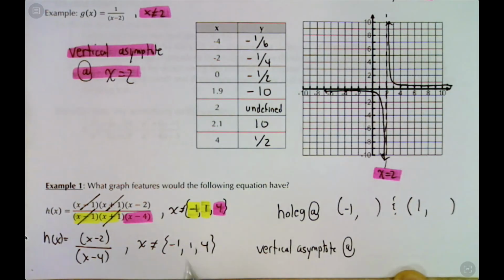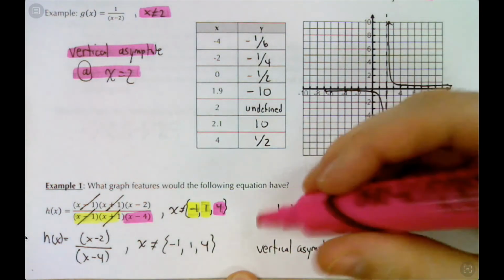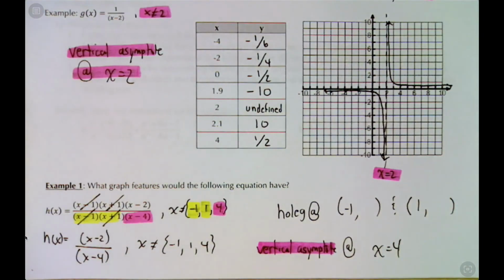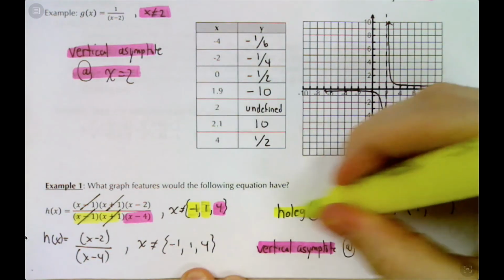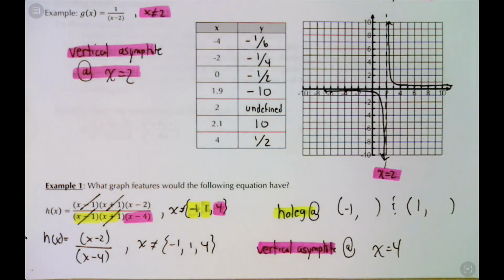And it's the 4, so it's x equals 4. So let's consolidate here one more time. Vertical asymptotes are the ones that don't divide away. Holes are the ones that do divide away. We know the equation of the vertical asymptote, x equals 4, because that's the restriction.